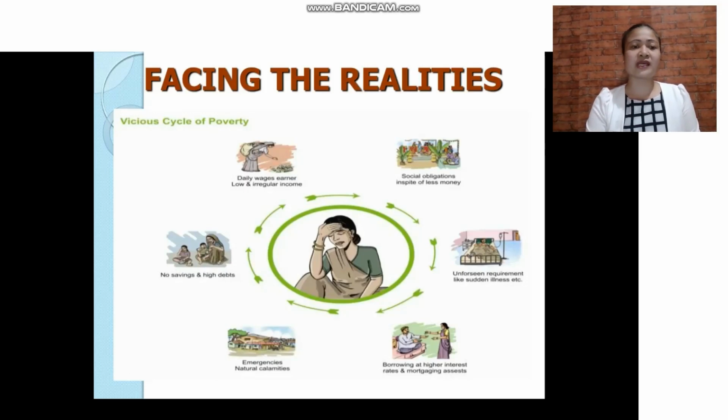But facing the realities, there is this vicious cycle of poverty. For example, daily wage earners or the low and irregular income of some people. Social obligations in spite of less money. Unforeseen requirements like sudden illness and other difficulties in our lives.